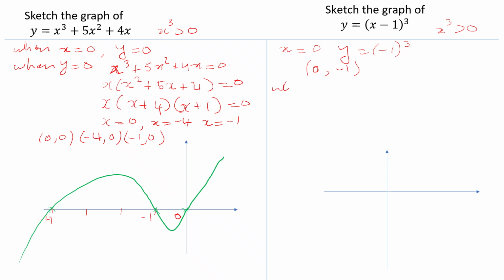When y equals 0, x minus 1 cubed equals 0. So x equals 1. All three roots are same. So the coordinate 1, 0. This is 0. This is 1. This is negative.